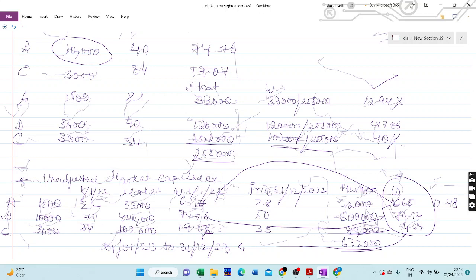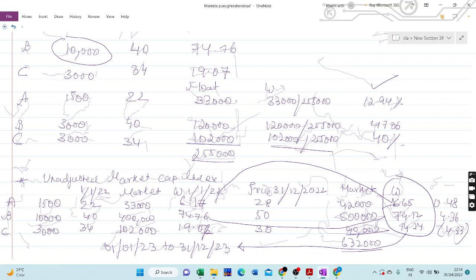Deduct 74.76 from 79.12. How much do you get? 4.36. And weight of stock C has decreased from 19.07 to 14.24. So how much is the decrease? 4.83.